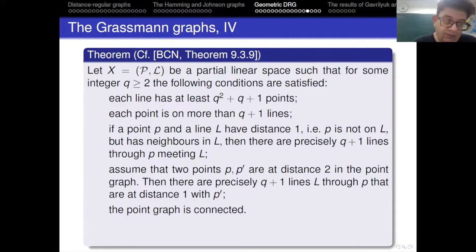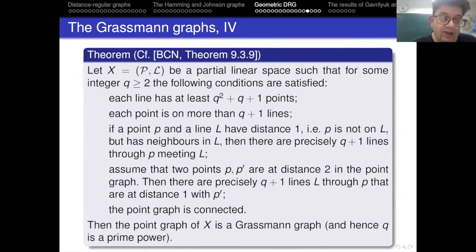And the last condition is that the point graph is connected. Then the point graph of X is a Grassmann graph, and you can make it slightly more precise if you want, but let's not do that.